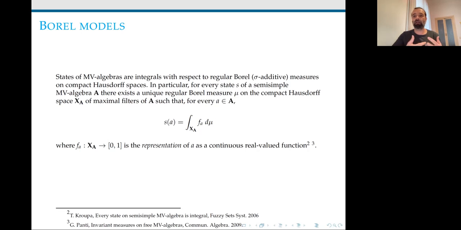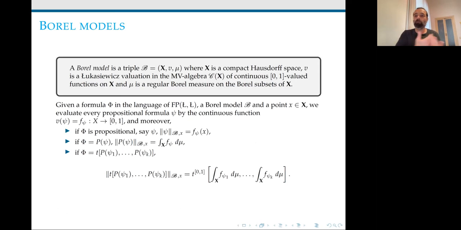So states, in some sense, are a very classical notion, just the expected value of some specific continuous and bounded random variable. So since we have completeness with respect to states, it's quite trivial to have completeness with respect to models that resemble classical measures.